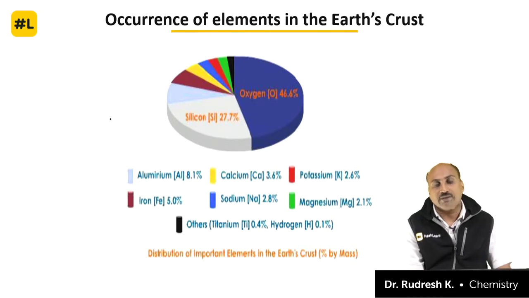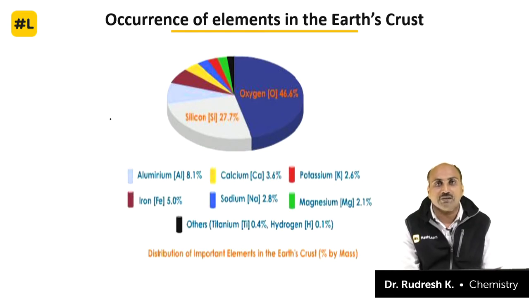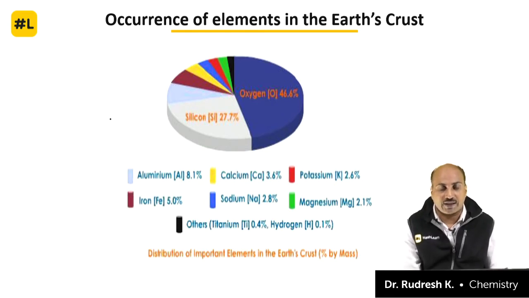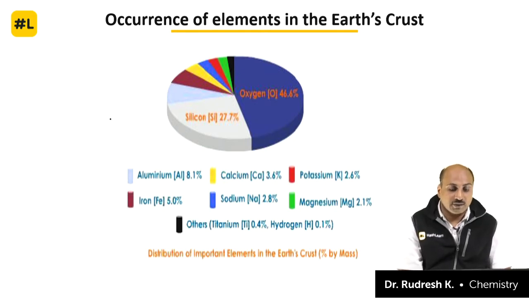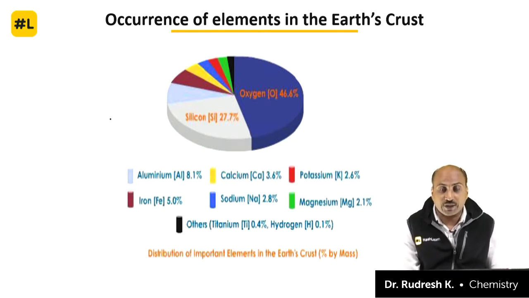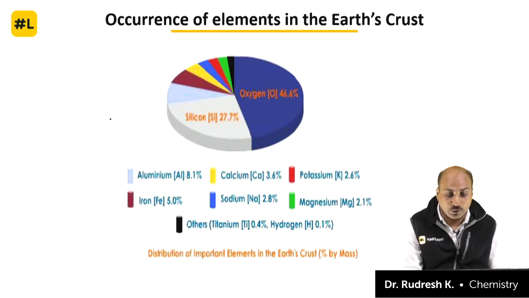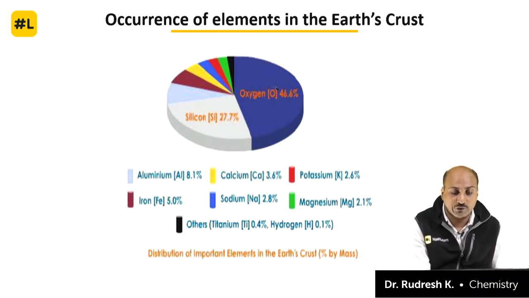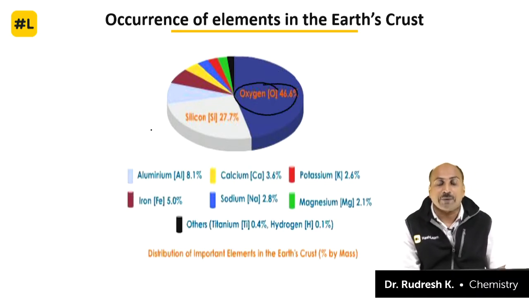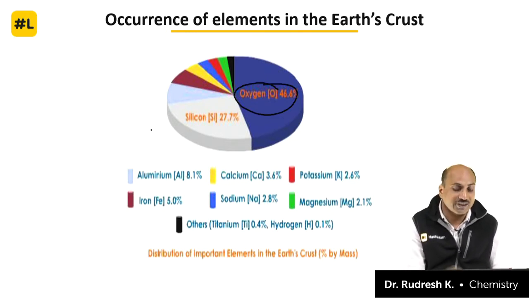The first thing we have to think of is how the occurrence of metal takes place in the earth's crust, because the major elements which we extract are all obtained from the earth. When you look at the majority of the elements, oxygen, which you are seeing in the pie diagram, is the most abundant element, in the gaseous state.